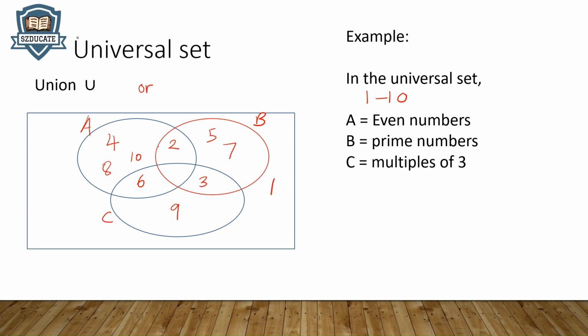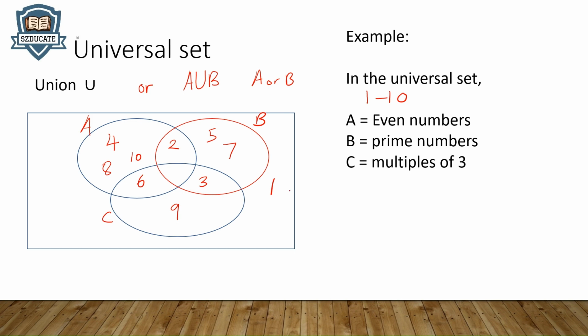Okay, let's just look at what it means. Union means either or. So let's just say A union B. It means A or B. Anything that satisfies either A or B, we take it.